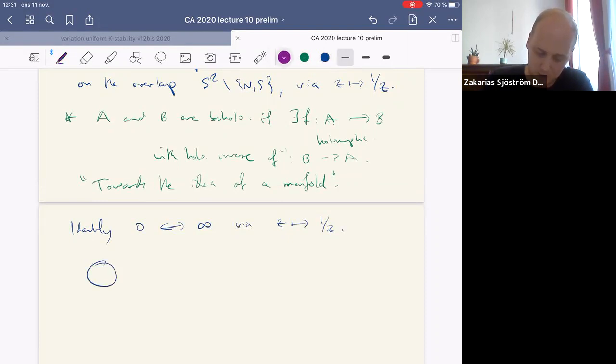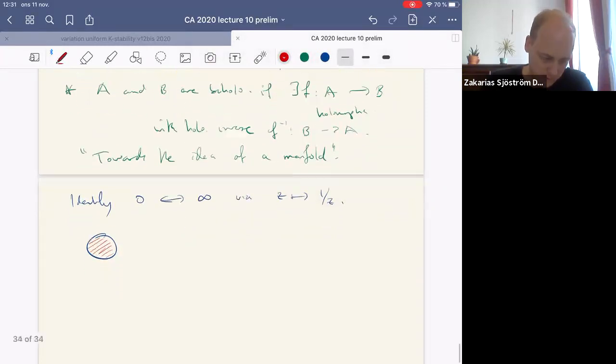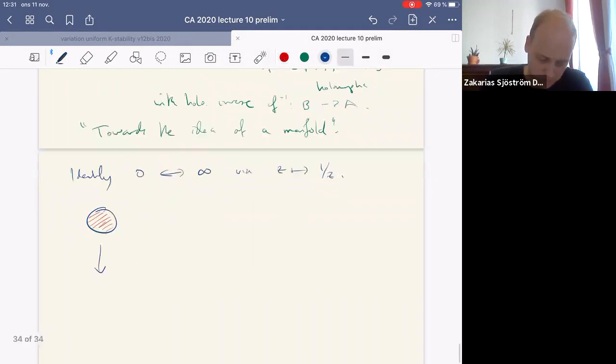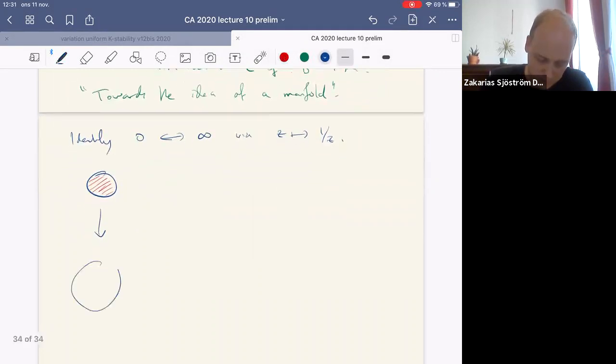If I here draw the unit circle, then what does this correspond to on the Riemann sphere? So this is the interior of the unit circle, right? So what is the corresponding set under the stereographic projection, if you remember how this worked?